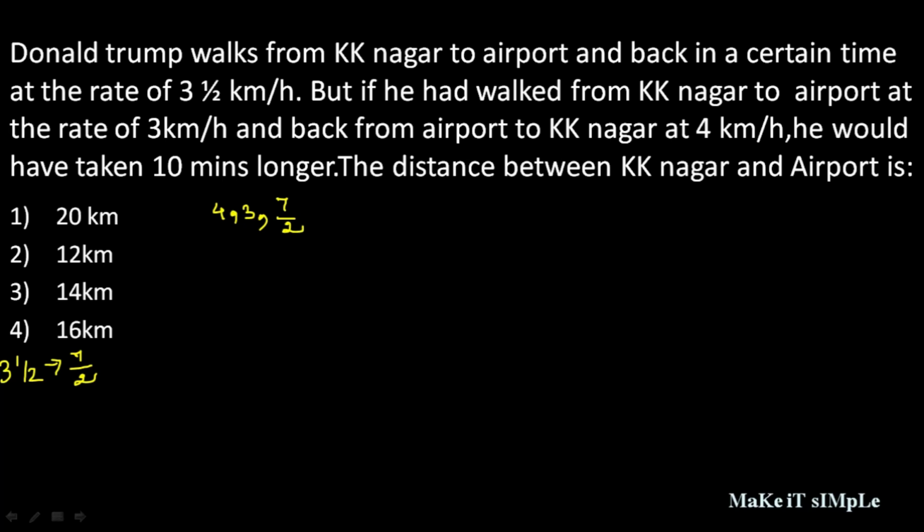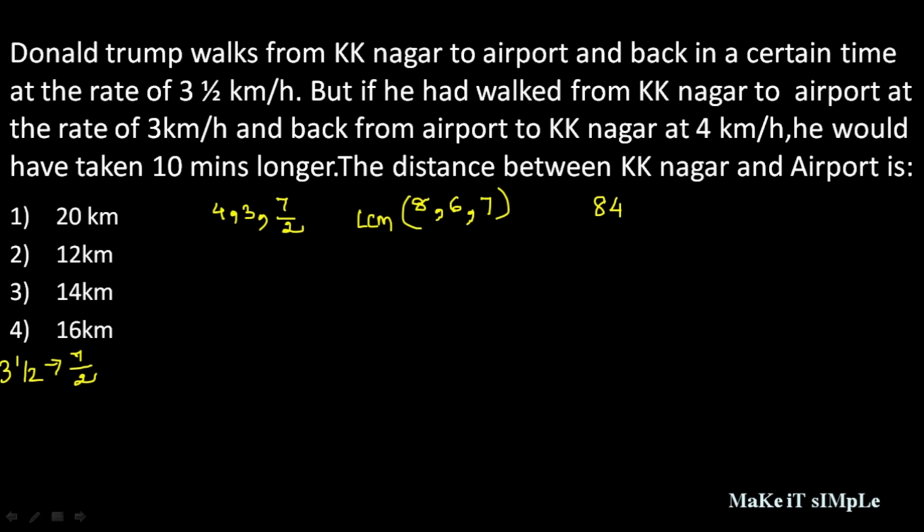When we take the LCM of 4, 3 and 7/2, that is 8, 6 and 7, the LCM of these is 84. Why we are taking the LCM is so that when we go on solving this problem using our shortcut, the number is divisible and we get a whole number value.